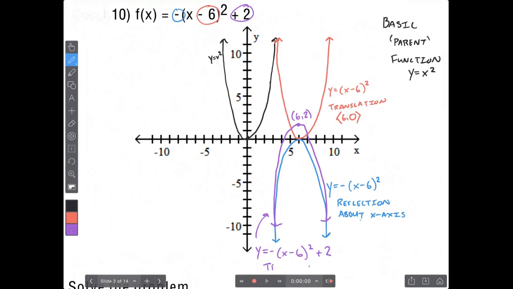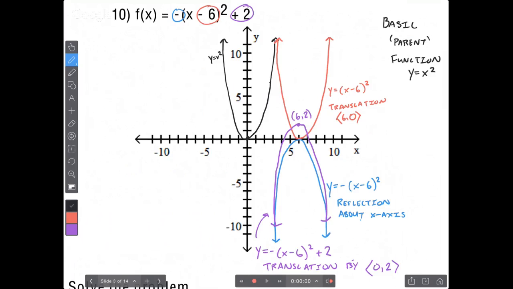And you should know that we did a translation by vector (0, 2). Cool.